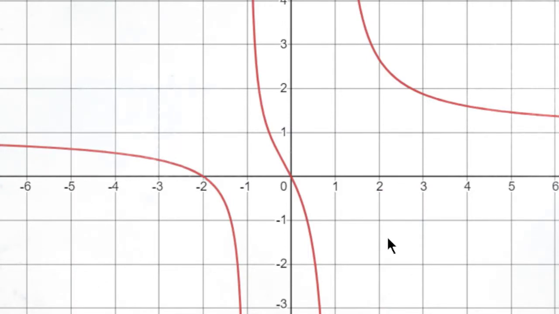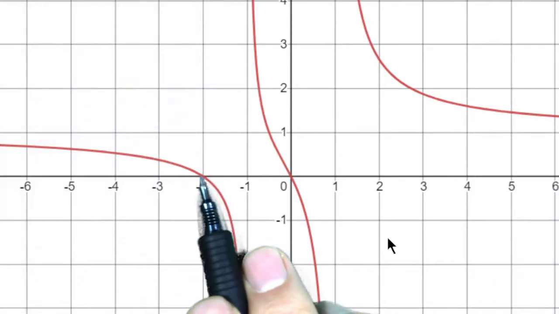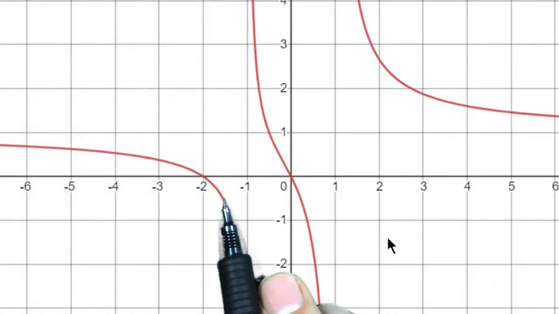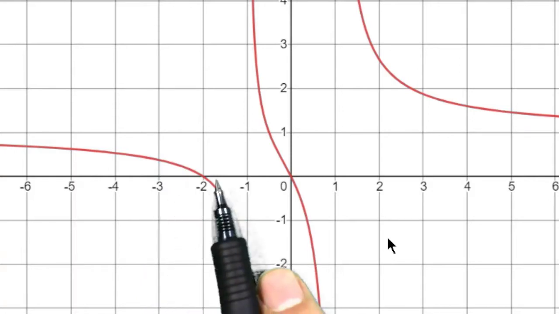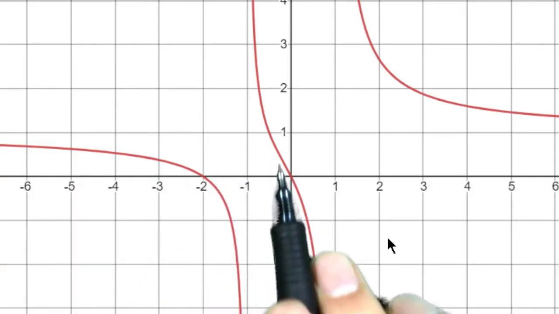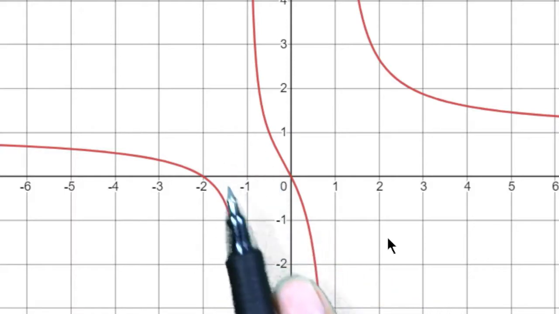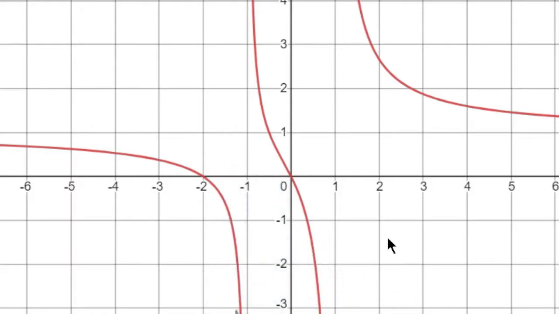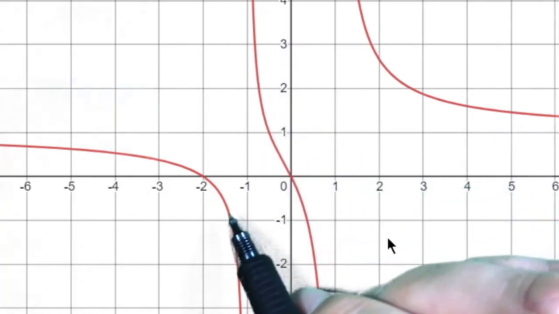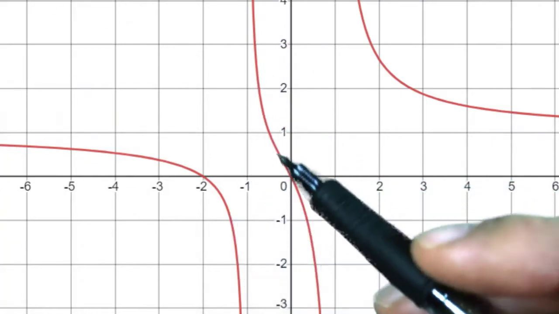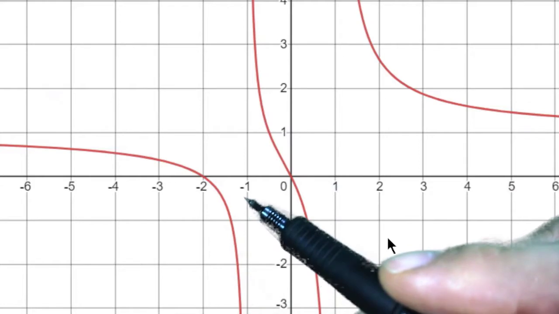Not only do we need to look at where they are 0, that is where they could change from negative to positive, or vice versa, but we also need to look and see where this could happen. See what's happening here at -1. It went down to negative infinity, jumped back up to positive infinity, and then came down. It changed from negative to positive. Well, how can it jump like this?